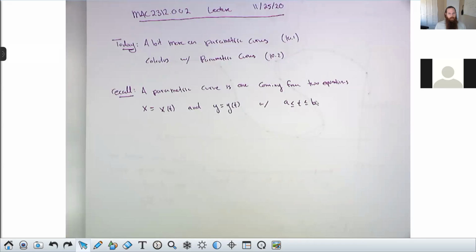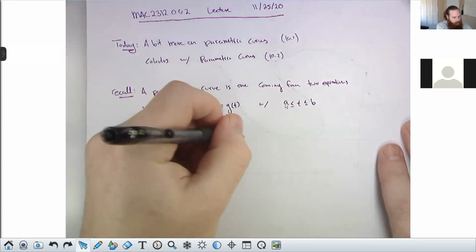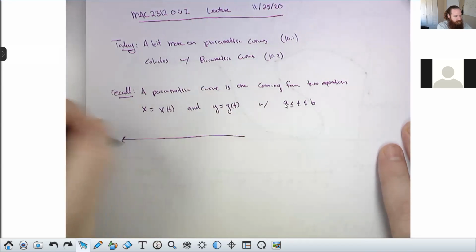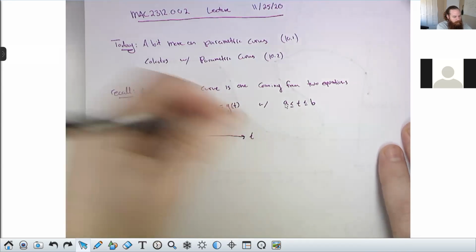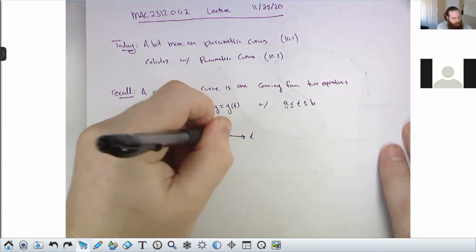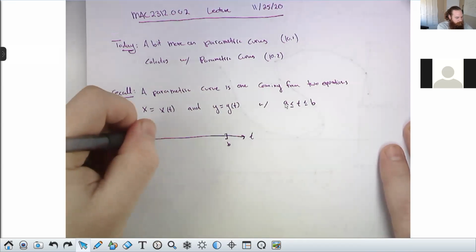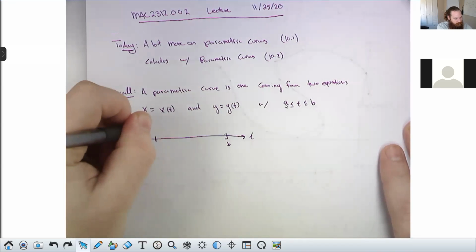So the thing you should think about is, you've got your t-axis over here, your domain. Maybe time is allowed to run from a to b like this. And you can kind of think of yourself as having a little slider.